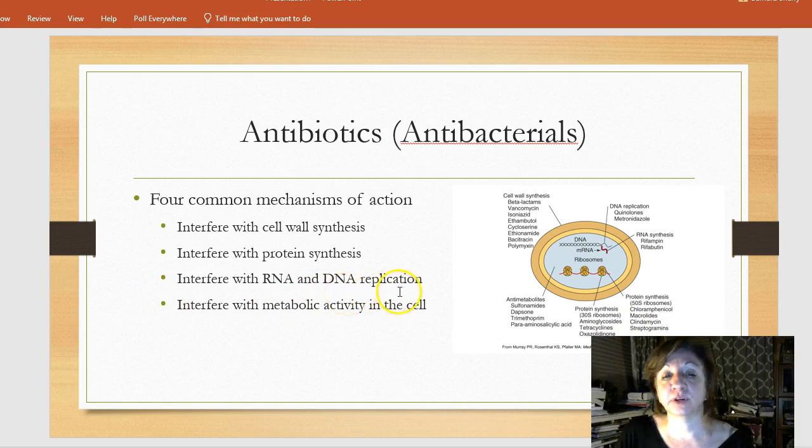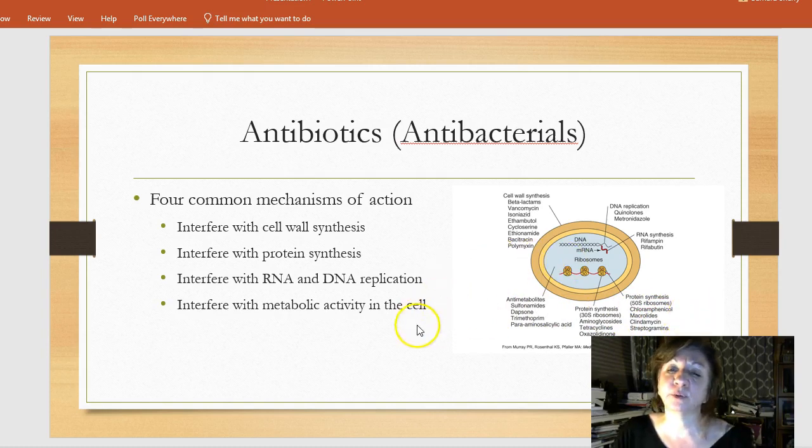Interfering with RNA and DNA replication, and there's quite a few drugs that do that, but a couple are quinolones, Flagyl, rifampin, those are a few that do that. And then interfere with metabolic activity of the cell, like protein synthesis, and that would be your macrolides, your clindamycin.